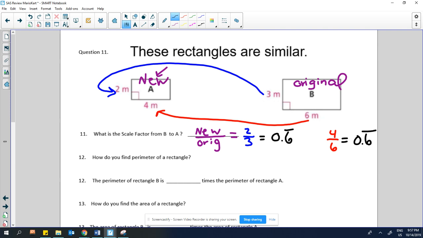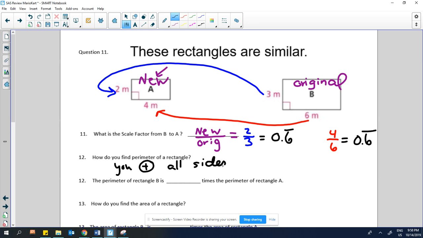How do you find the perimeter of a rectangle? You add up all the sides.